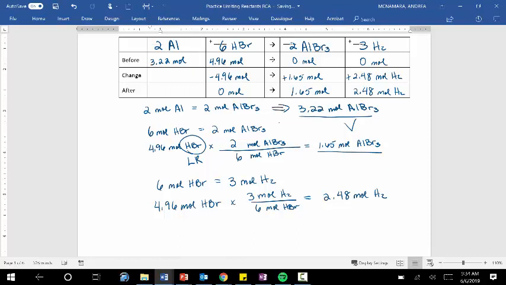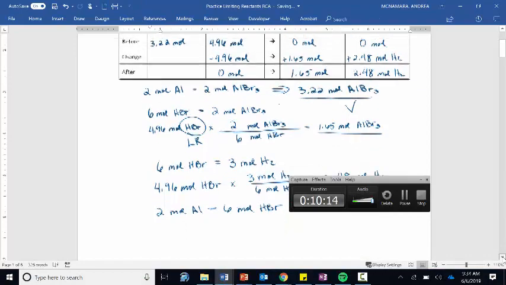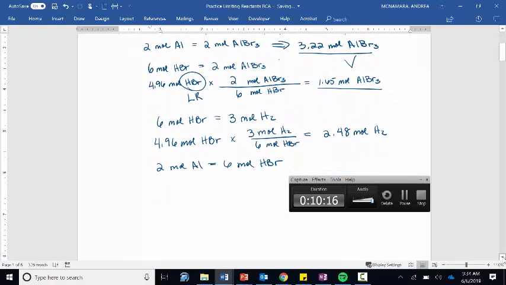And we're going to see then how much aluminum I actually used up and how much was left. Just keeping this equation up here, I can see for every 2 moles of aluminum, I'm going to need 6 moles of hydrogen bromide. Let me scoot up a little bit here, give myself a little room.